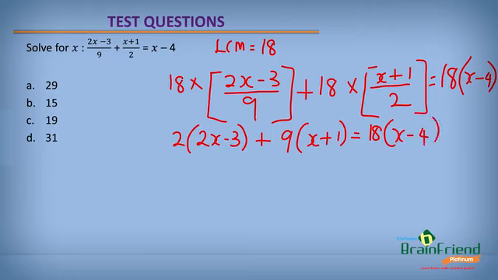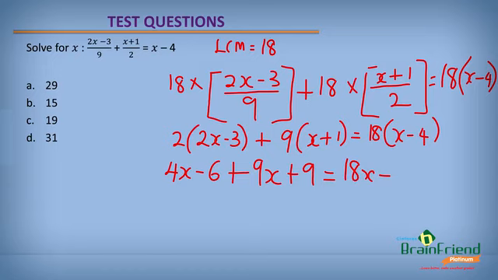Now expanding our bracket, 2 times 2x results in 4x. 2 times minus 3 results in minus 6, plus 9 times x results in 9x. 9 times 1 results in 9. 18 times x gives 18x. And 18 times minus 4 gives minus 72.